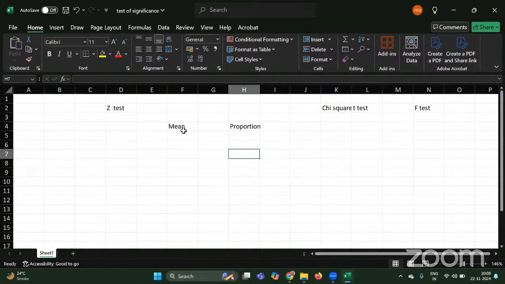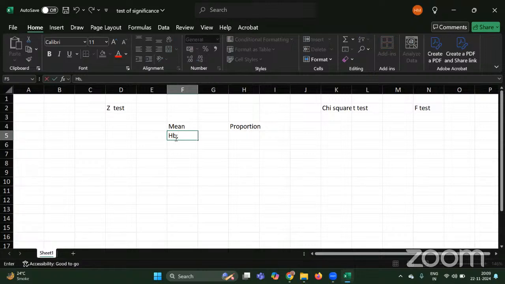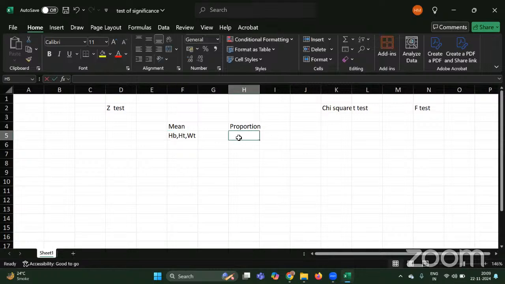Now in this case, first, where you can find out the mean: a few examples are hemoglobin, height, weight, etc. Where you can find a proportion, for example, gender, male or female, or caste, or religion, or disease present or absent, diabetic, non-diabetic, hypertensive, non-hypertensive, or person admitted to ward A or B, or rural area or urban area.